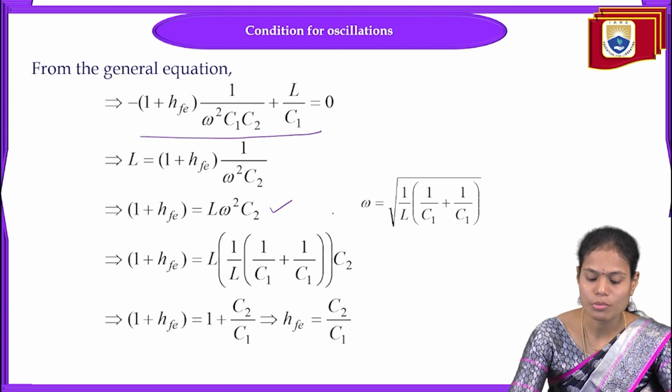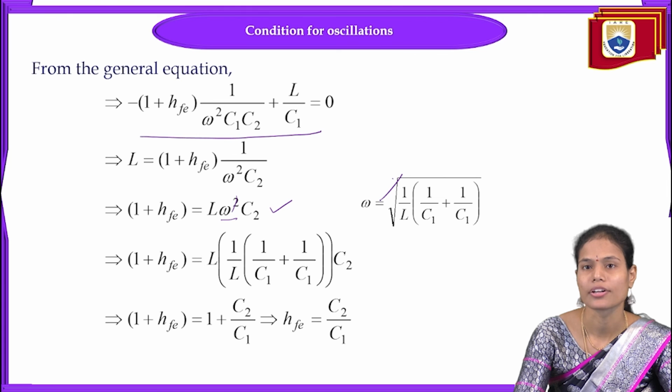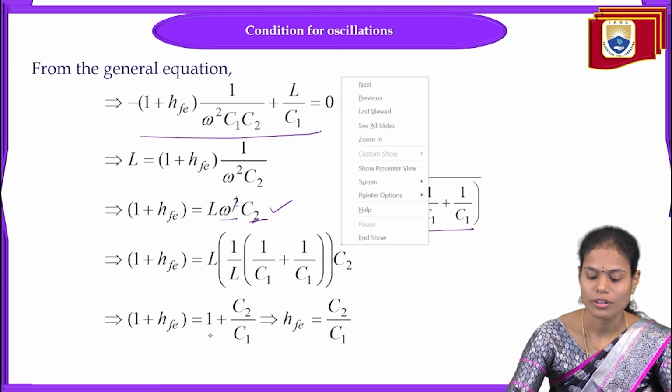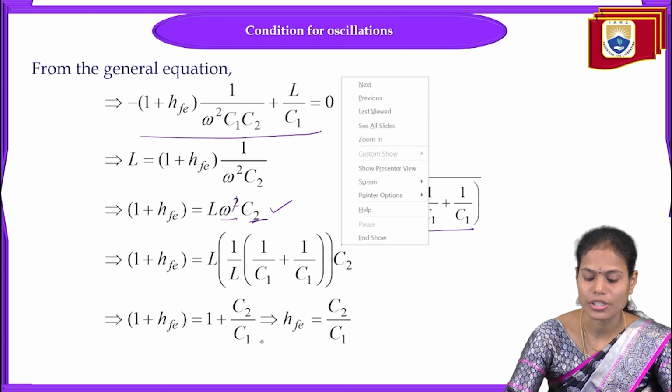So substitute that omega value here. It is under root, so this square will cancel with the under root. So L into 1 by L into this total value into the capacitance C2. So 1 plus hFE is equal to 1 plus C2 by C1.